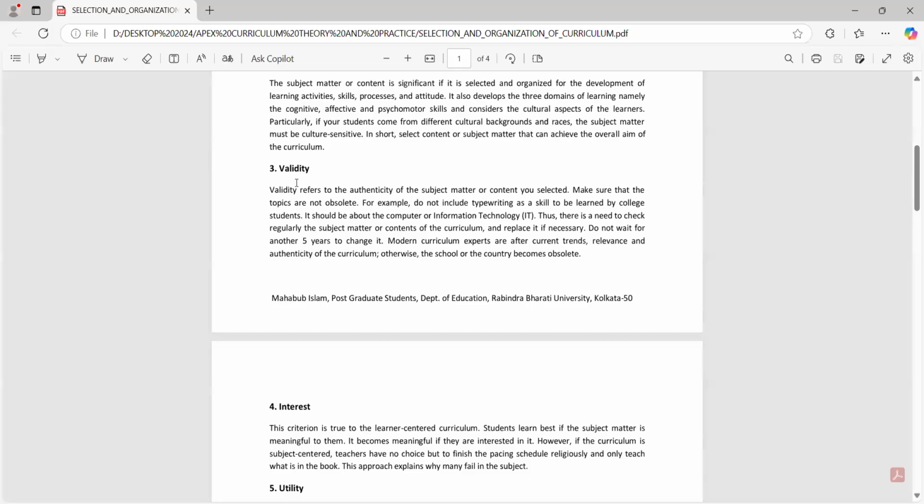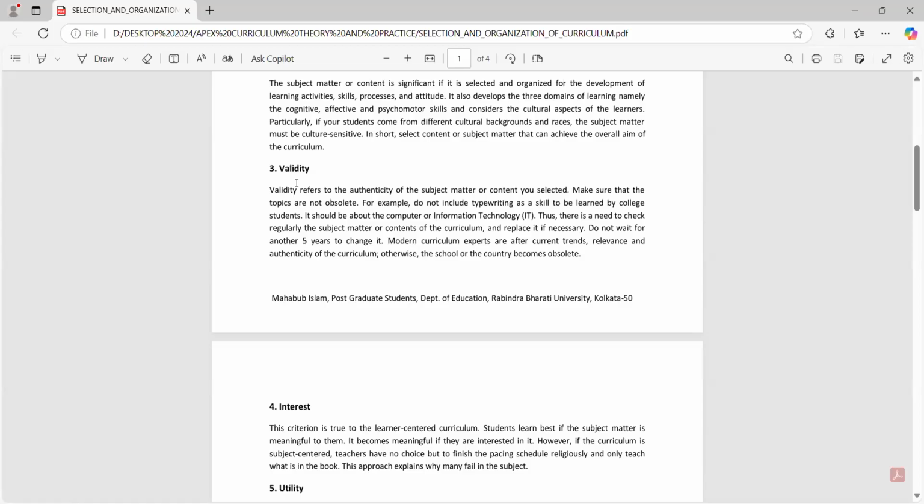Thus, there is a need to check regularly the subject matter or content of the curriculum and replace it if necessary. Do not wait for another 5 years to change it. Modern curriculum experts are after current trends, relevance, and authenticity of the curriculum. Otherwise, the school or the country becomes obsolete. Okay, thank you. That was Rista.